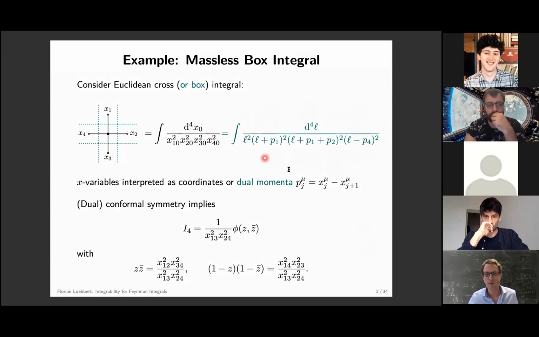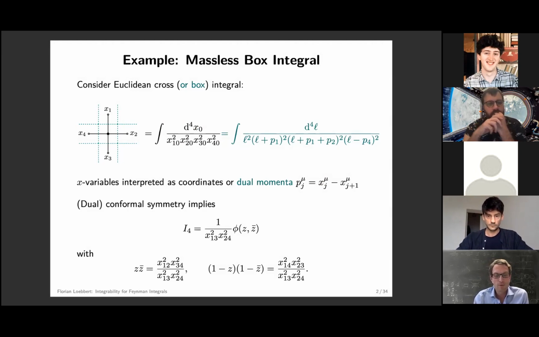Alternatively, we can introduce dual region momenta x_j and write it in this way. These two representations correspond to the two different graphs here, so I can write it either as a box or a cross integral. For this talk, I will mainly be working with these x variables and only later come back to the momentum variables. This integral is known to have a conformal symmetry.